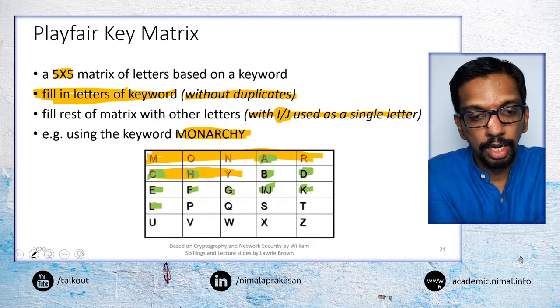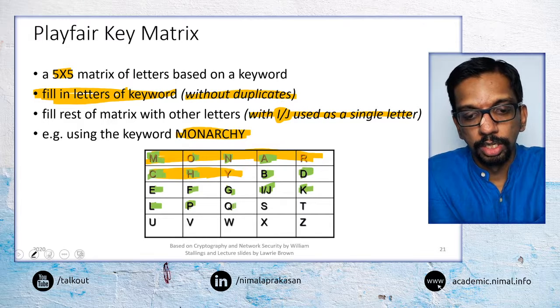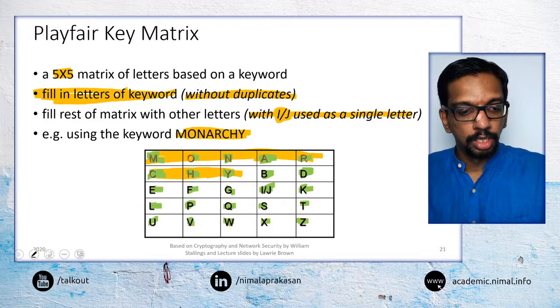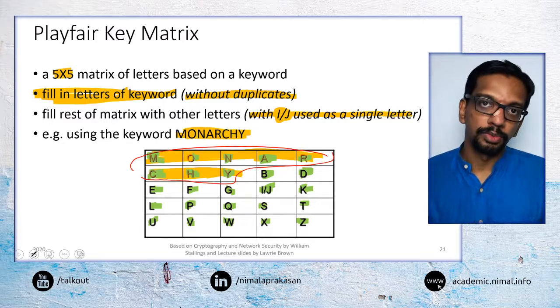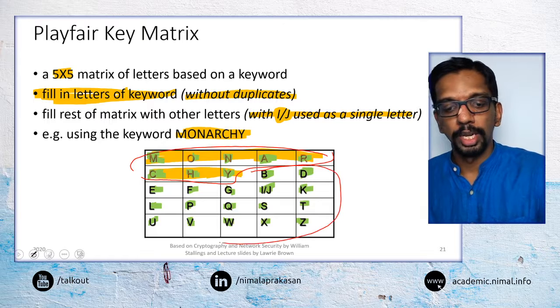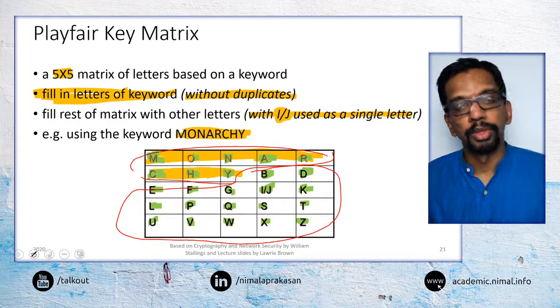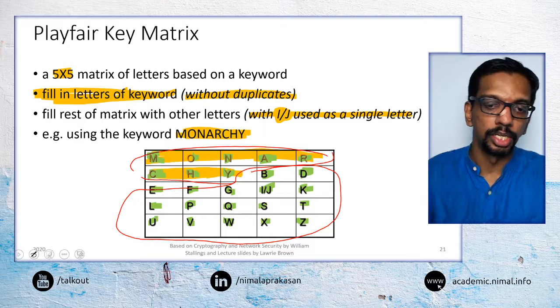Then K, L, M is already there, N, O, P, Q, R, S, T, U, V, W, X, Y is already there, and Z. So we will fill the matrix with the keyword first, and the remainder with the rest of the alphabet. In filling the keyword, we skip duplicates, and in filling the remainder of the characters, we consider I and J together.